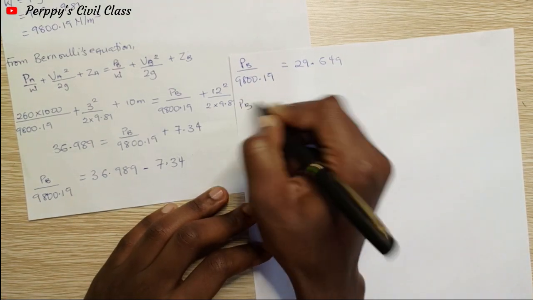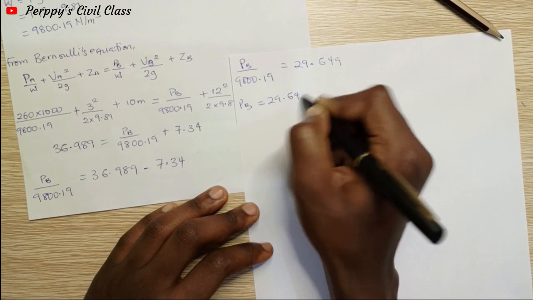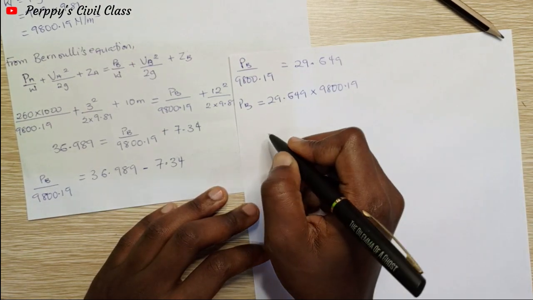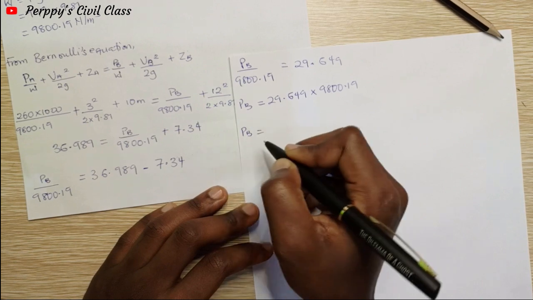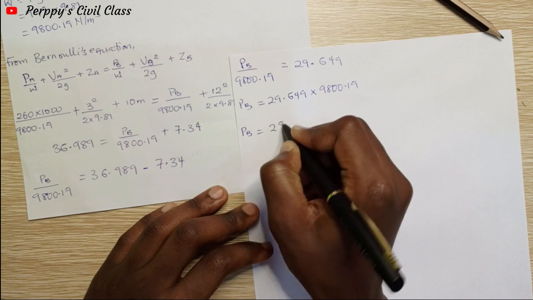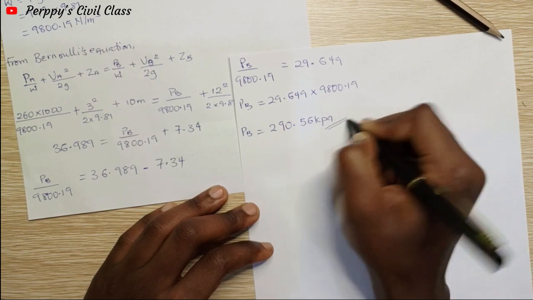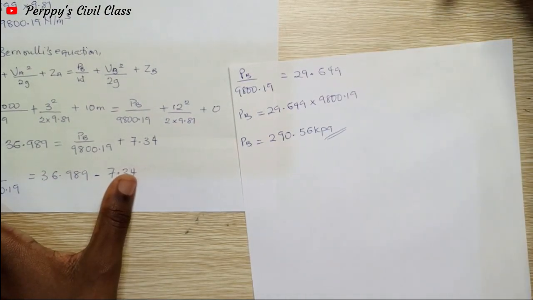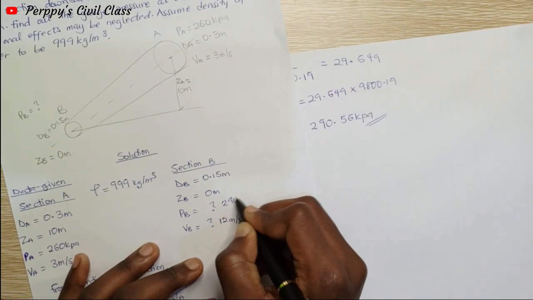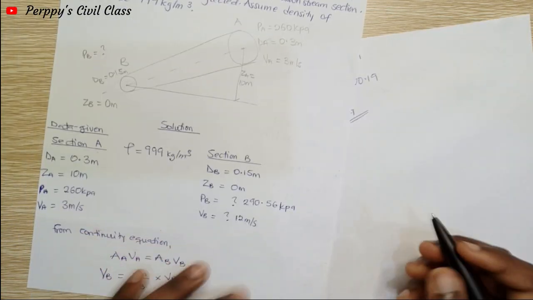So PB is equal to 29.649 multiplied by 9800.19, and this will give us PB to be 290.56 kilopascal. So if we write that here, PB is going to be 290.56 kilopascal.